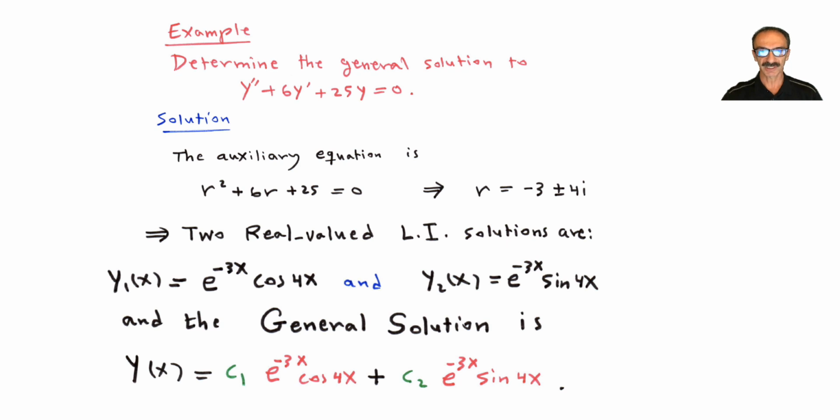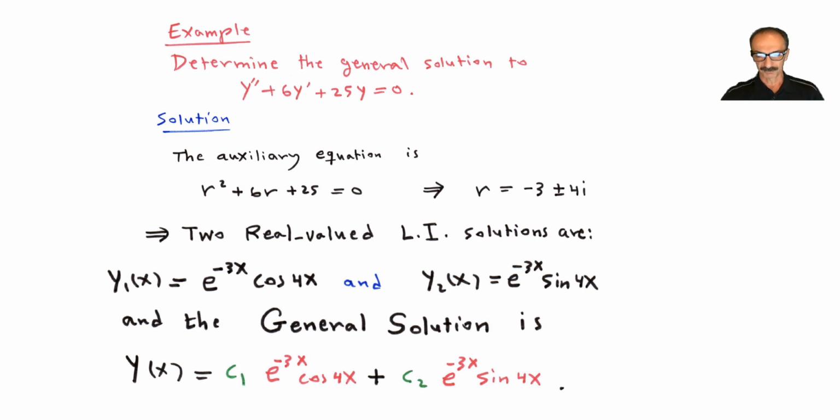Work in one slide, as you could see. Of course, we're skipping the algebra steps here, factoring, using the quadratic formula. We want to get to the point. That gives you the auxiliary equation, gives you two roots. Break it down to two real solutions and combine them to call it general.